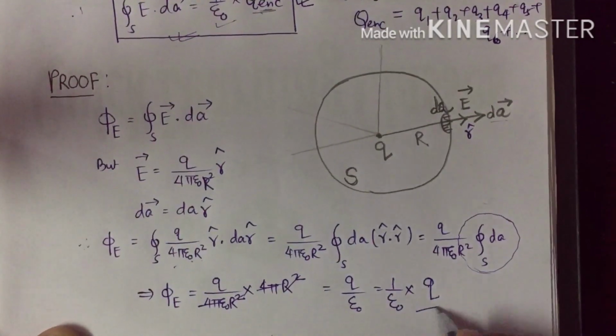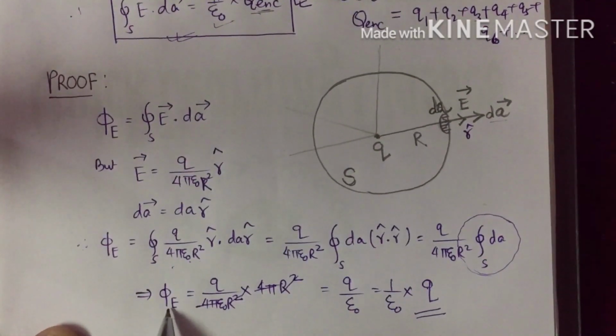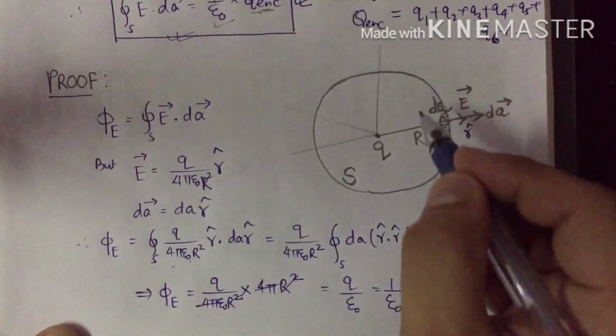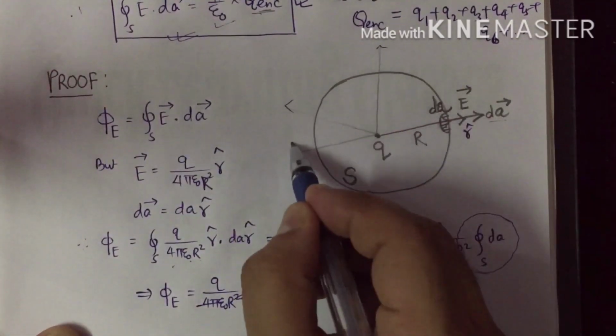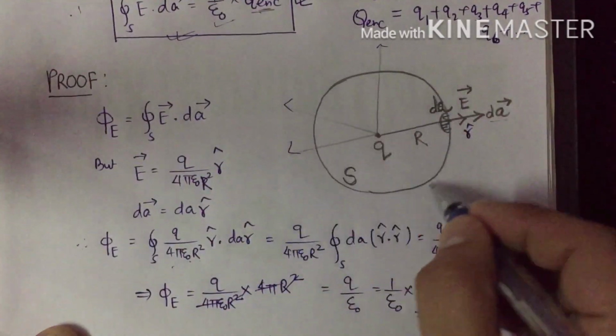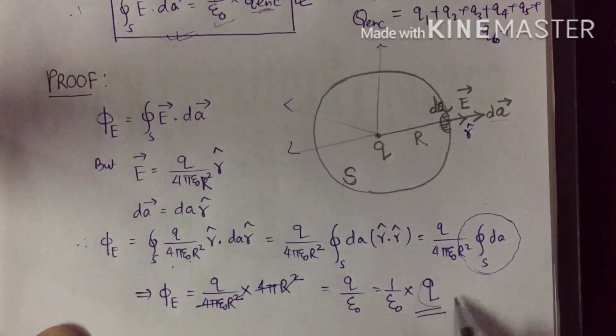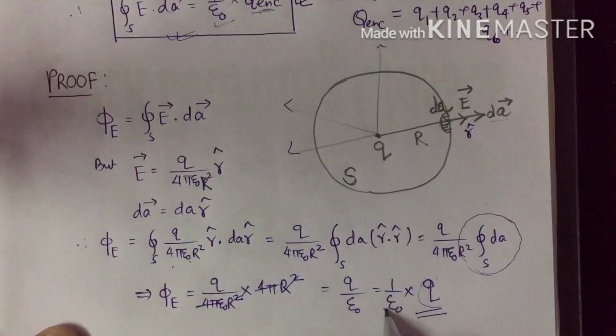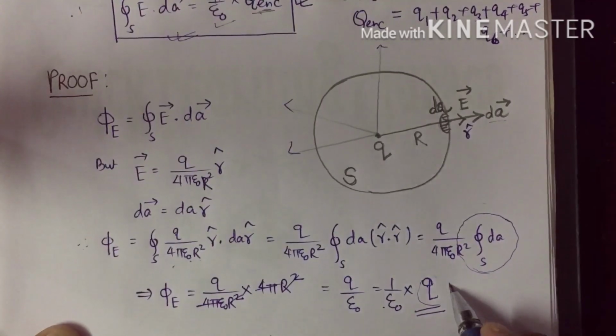Hence we prove the Gauss law: the flux through a closed surface is given by the total charge enclosed by the surface times 1 by epsilon naught. This proves your Gauss law.